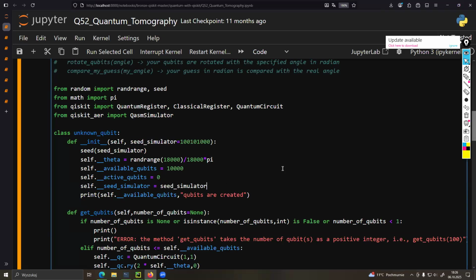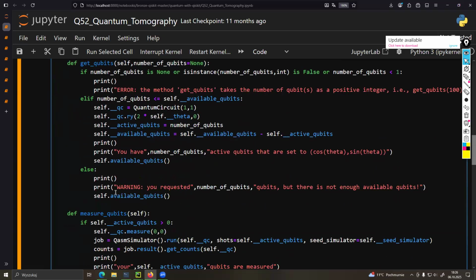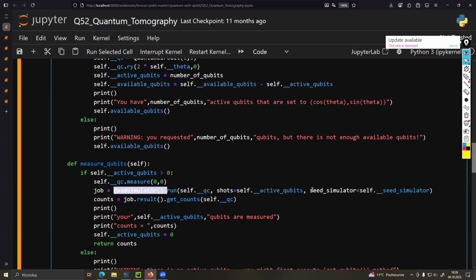And then I use it as my seed simulator parameter. So here it is QASM simulator. This is something that usually I think isn't included in version 2.0. This is old nomenclature, so you would most likely set it to just Aer simulator by now.